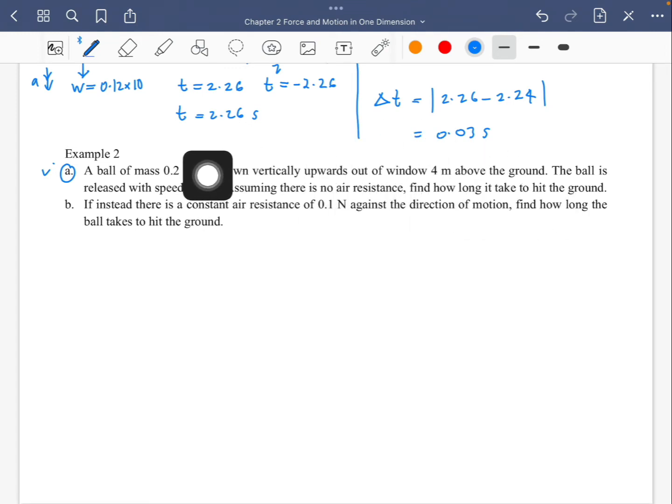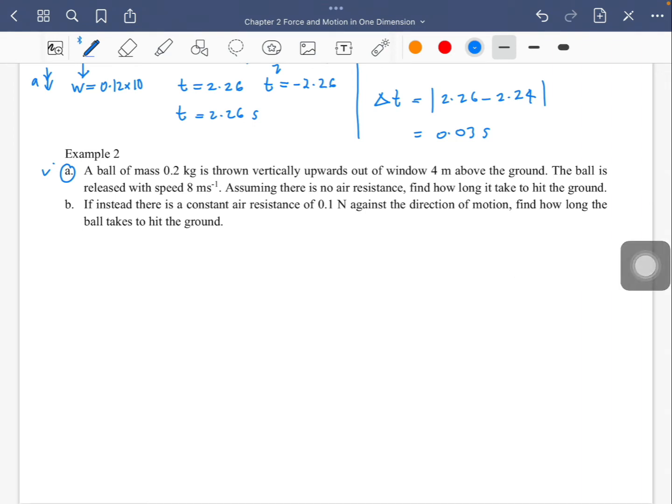Hopefully you can settle question A. Now for question B, if instead there is a constant air resistance of 0.1 Newton against the direction of motion, find how long the ball takes to hit the ground. So we want to find the time taken from its starting point to the ground in the case of air resistance.